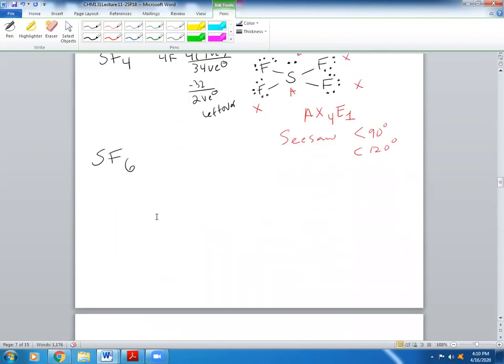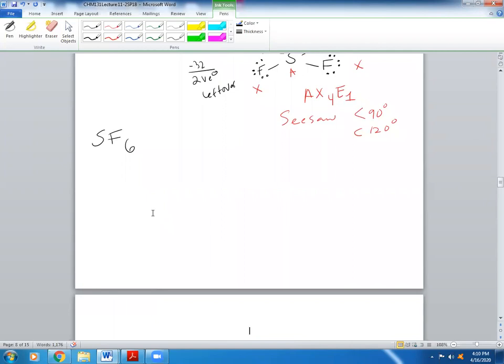Okay, SF6. You should pause now. Okay, you have S, that's 6 valence, and you have 6 fluorine atoms, so that's 6 times 7 is 42. 42 plus 6 is 48. S is central.